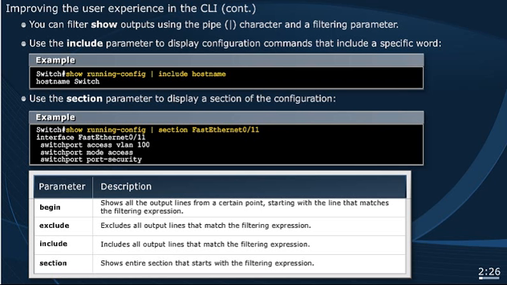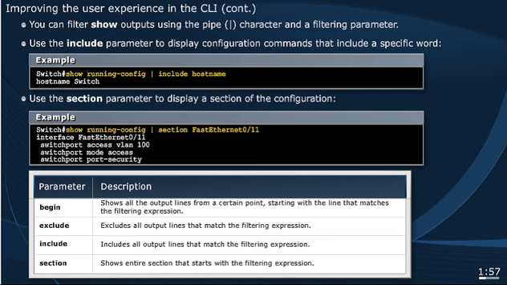There are ways that we can jump to different areas of our config. We use what is known as the pipe character. So we could type in show running config, use the pipe character, and then use some special parameters such as include, exclude, section, begin, and then specify that actual area of the running config that we want to go to.